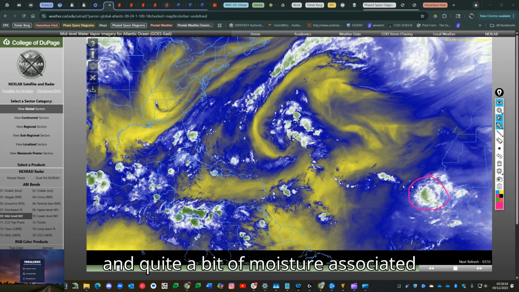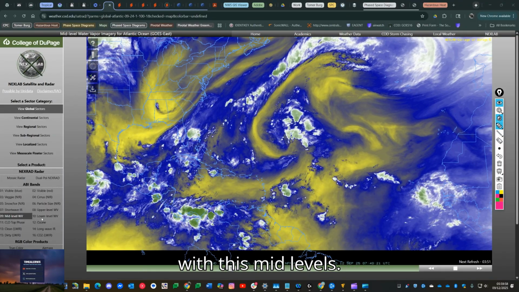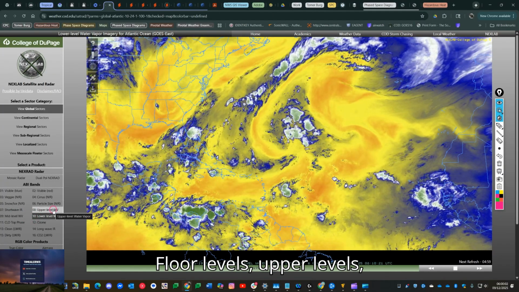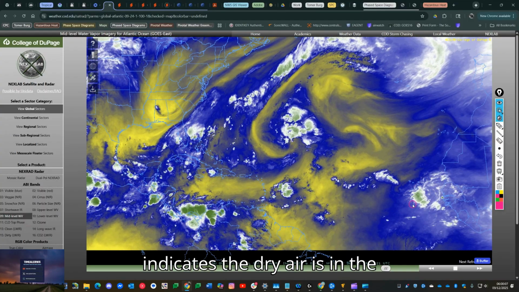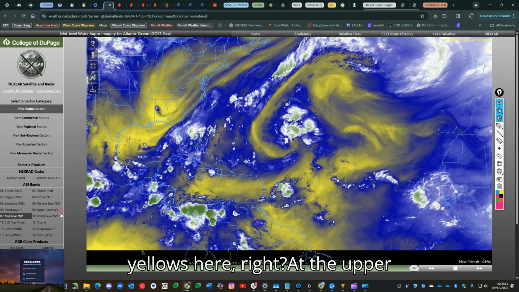And quite a bit of moisture associated with this, in the mid levels, lower levels, upper levels. You can see the mid level water vapor indicates the dry air is in the yellows here, right?